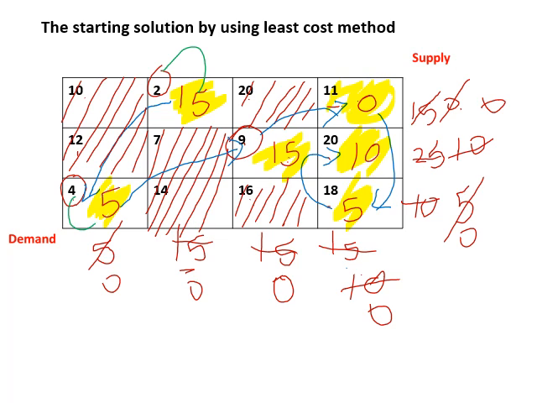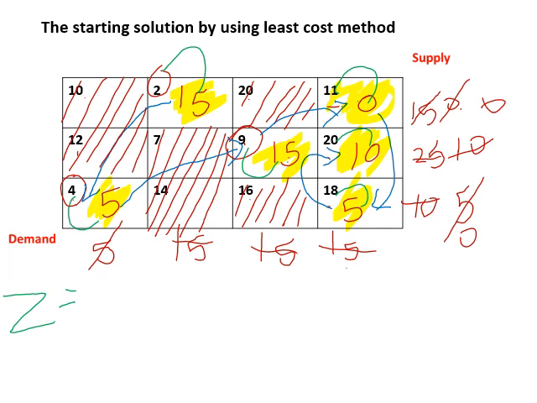Okay, multiplying 2 times 15, 4 times 5, 9 times 9, 9 times 15, 11 times 0, 20 times 10, and finally 18 times 5. And adding them all up to get the value for the starting solution. Let's calculate it again.